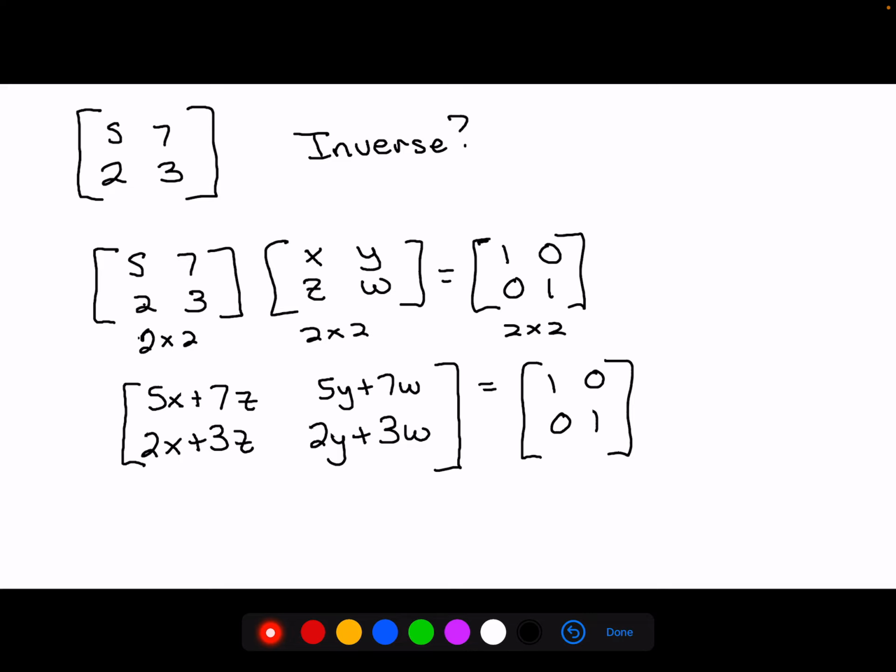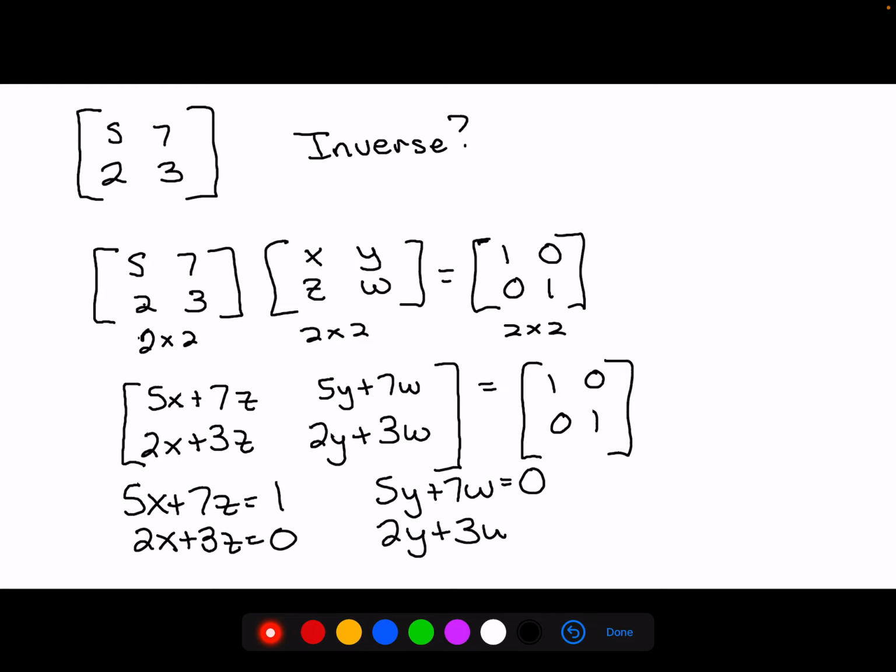All right, so we know that on the left side, the element in a sub 1, 1 has to equal the element in a sub 1, 1 on the right side. So 5x plus 7z has to equal 1. The element in a sub 1, 2, which is 5y plus 7w, has to equal the other element in a sub 1, 2, which is 0. 2x plus 3z has to equal 0. 2y plus 3w has to equal 1.